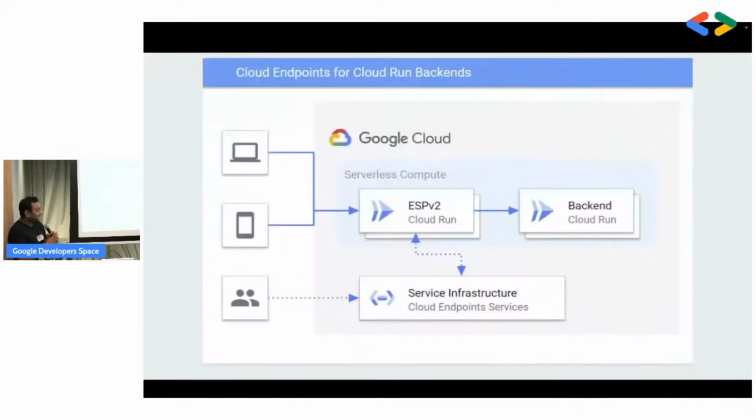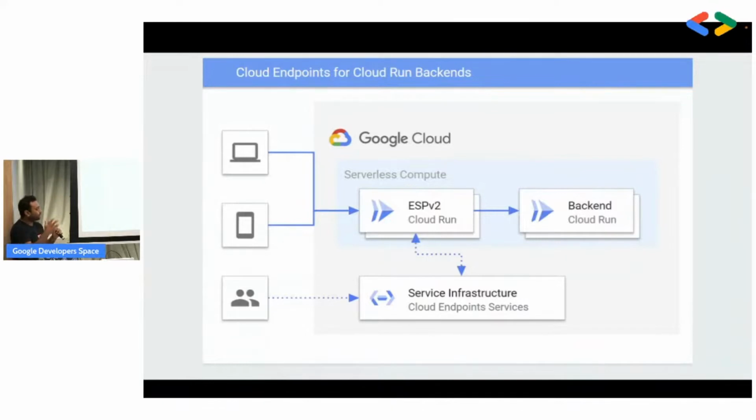Before going into that, I would just show you this diagram. The backend is the API that you want to publish to other services, other departments. And this ESP2, the Extensible Service Proxy, is what actually works as the API gateway, right?